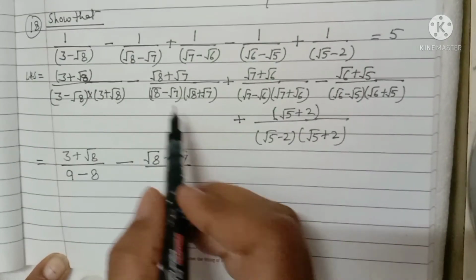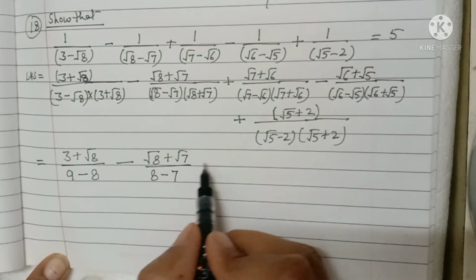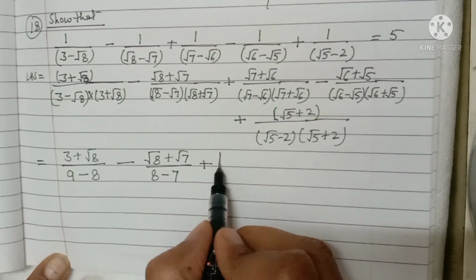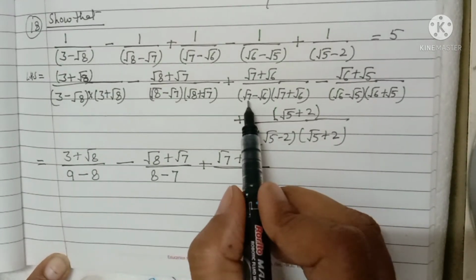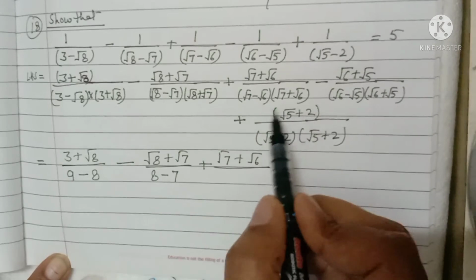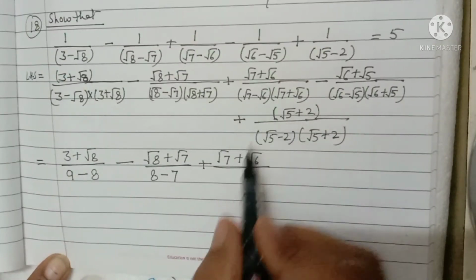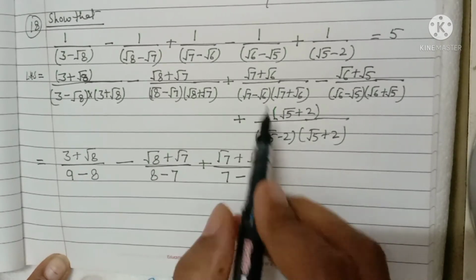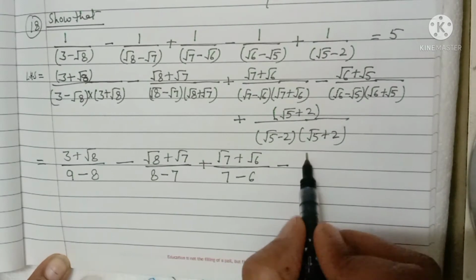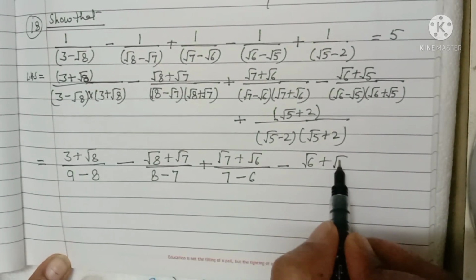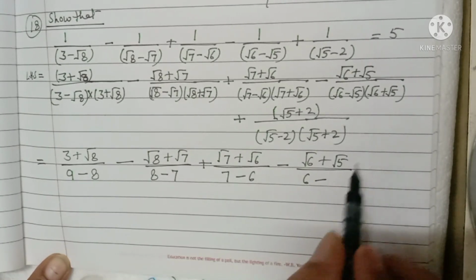So a square minus b square means root 8 square minus root 7 square. So 8 minus 7 plus root 7 plus root 6 upon, now here also easily solved. A square minus b square means 7, root 7 square means 7, and root 6 square means 6. This becomes minus root 6 plus root 5 upon root 6 square means 6 minus root 5 square means 5.